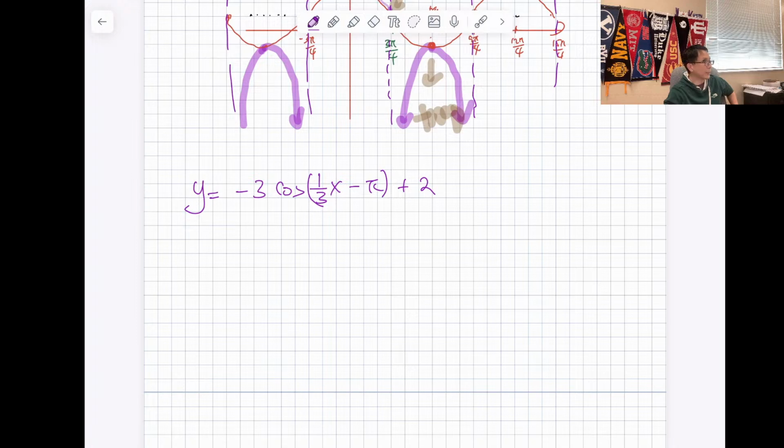Make sure you factor out a b value. And if you can, graph the secant of this too.